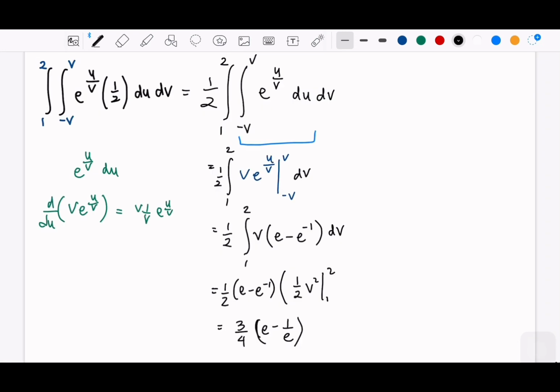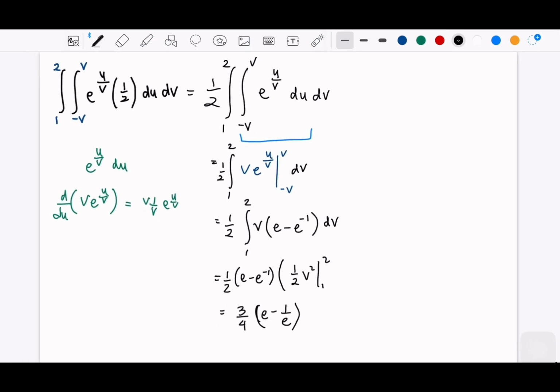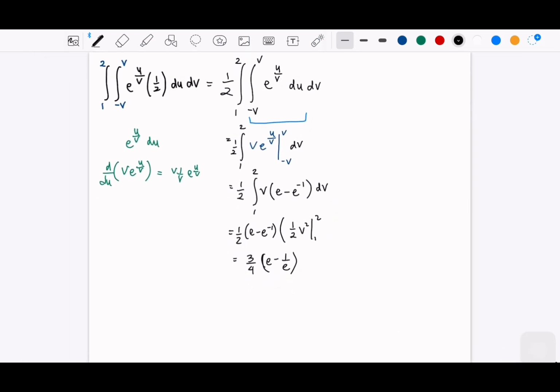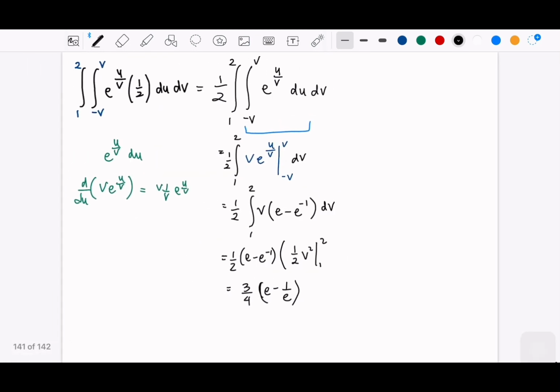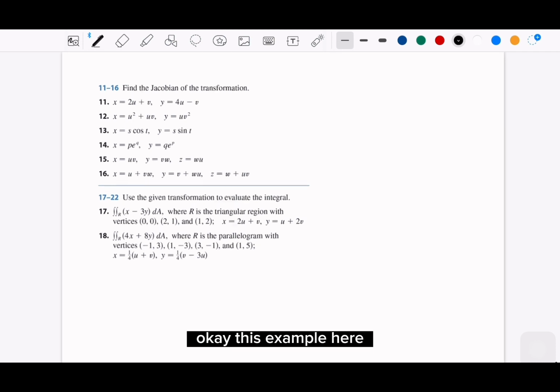Okay, perhaps some other example. I will give you another example. Okay, this example here.